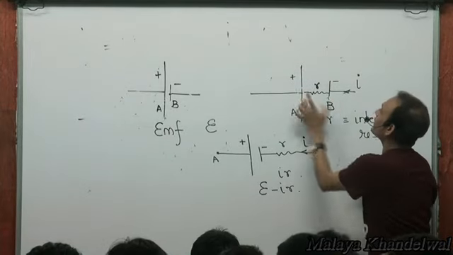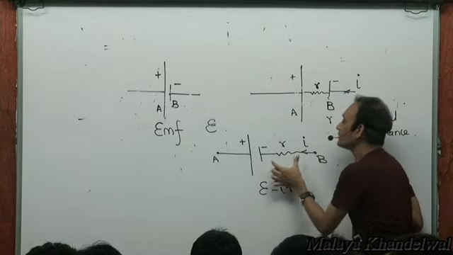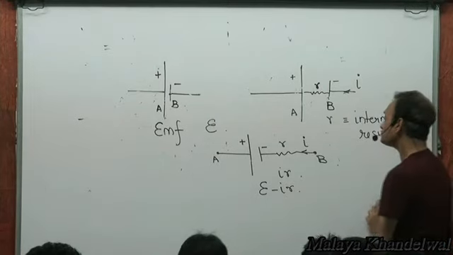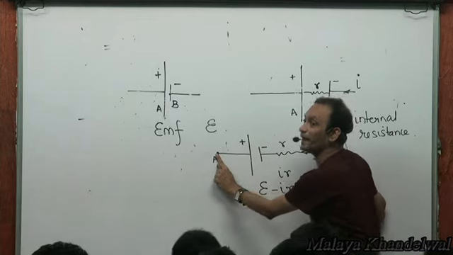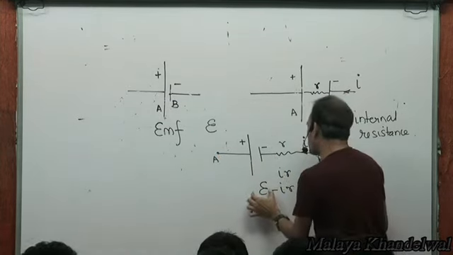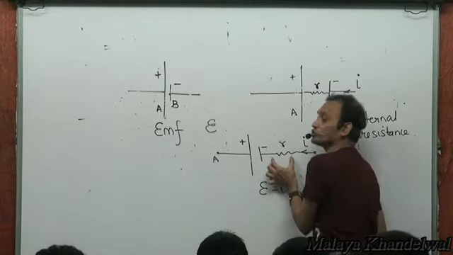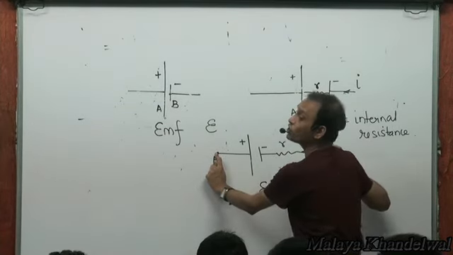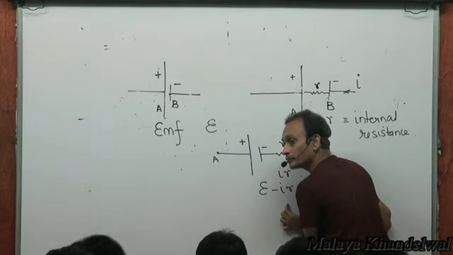So this entire arrangement between A and B could be replaced by a battery, epsa, along with a resistance, small r, where if there is no current flowing, then the potential difference between A and B would have been epsa. But now, because of a current flowing through this, part of epsa is consumed by this resistance. Ir is the potential that is hogged up by the resistance, and what's available to the rest of the circuit across A and B is epsa minus Ir.